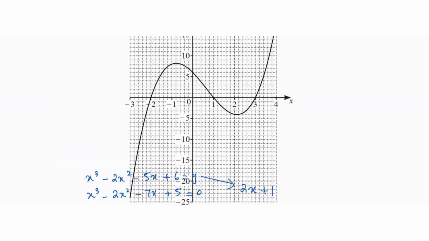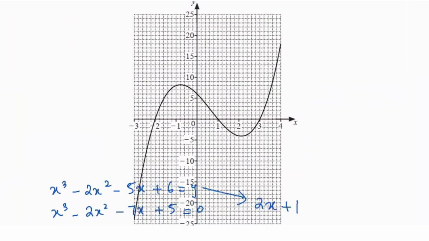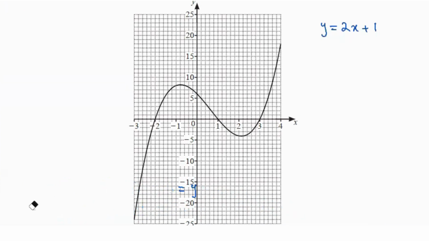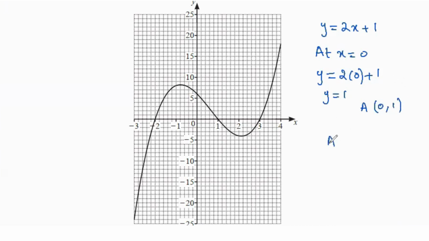So now if we go back over here, y equals 2x plus 1 is the line that we have to sketch first. So let's remove this. So let's find the x and y intercept. At x equals 0, your y will be equal to 1, which means one point, let's call that point A, is (0, 1). Then at y equals 0, 0 is going to equal 2x plus 1, so x is negative 1 over 2.